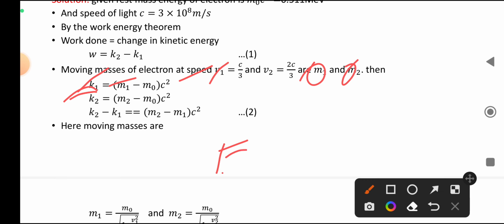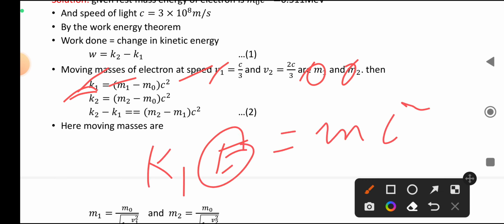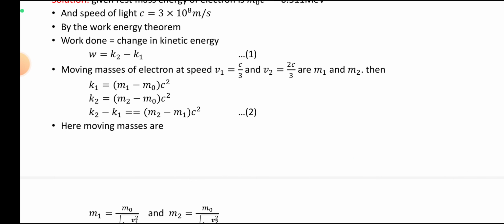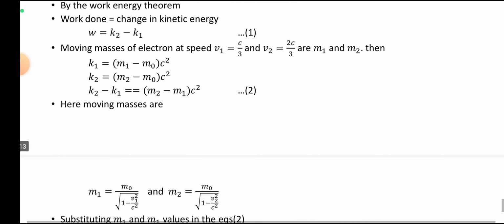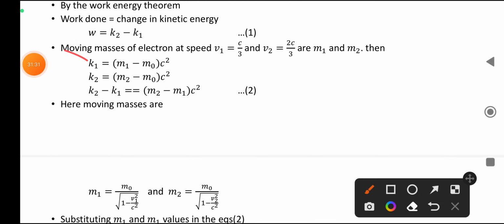According to Einstein, E is equal to mc square. Let this energy be K1. This mass is the change in mass: the mass when it is in motion minus the rest mass. Motion mass is always higher than rest mass. So we get energy K1. Next, for m2 it is K2. Take their difference, because here we need the difference.